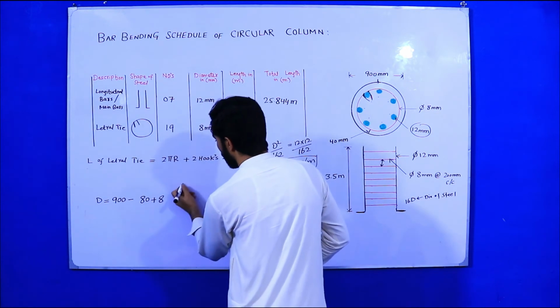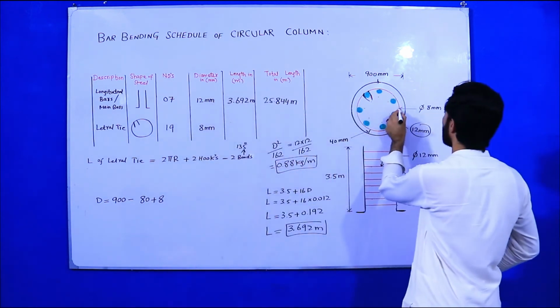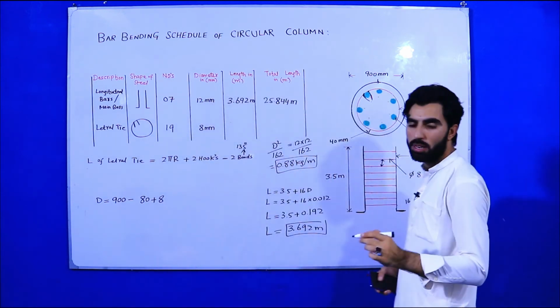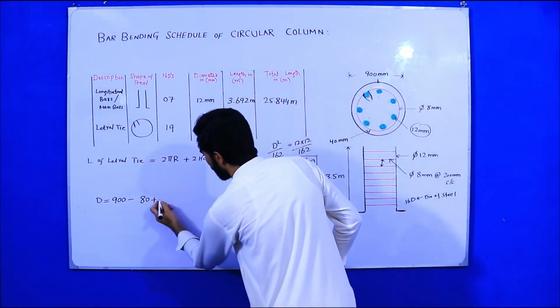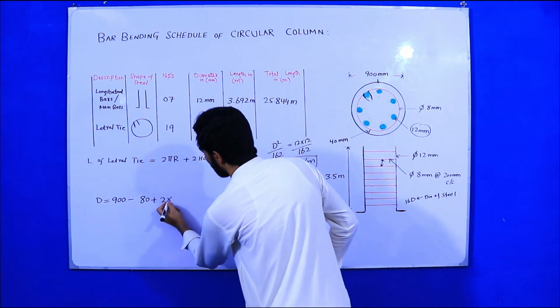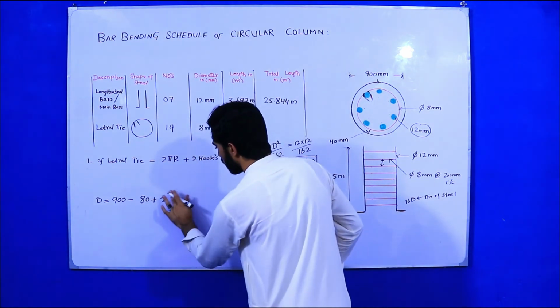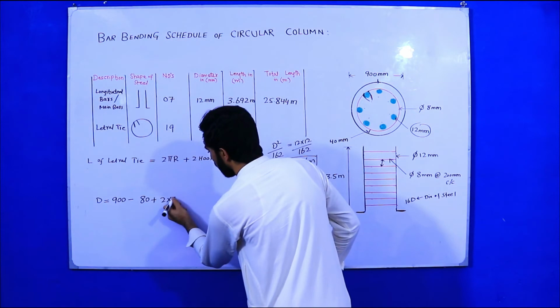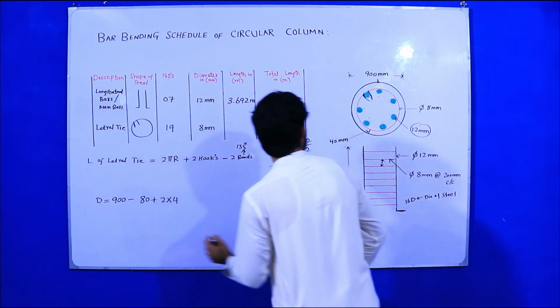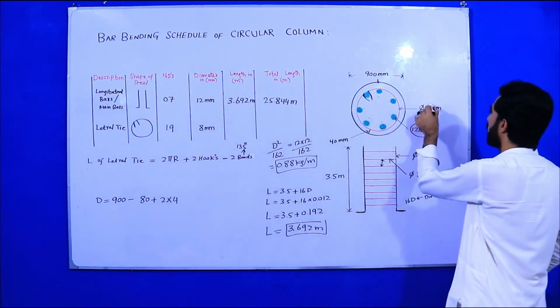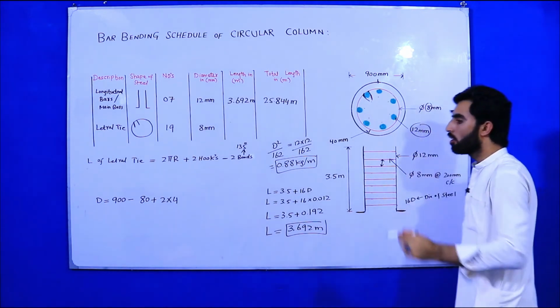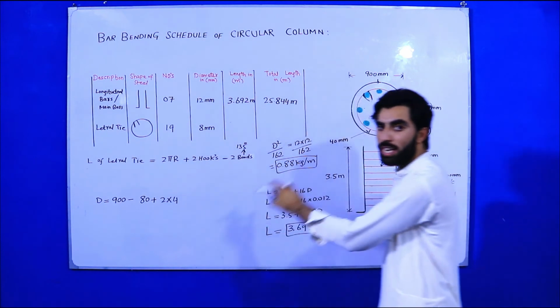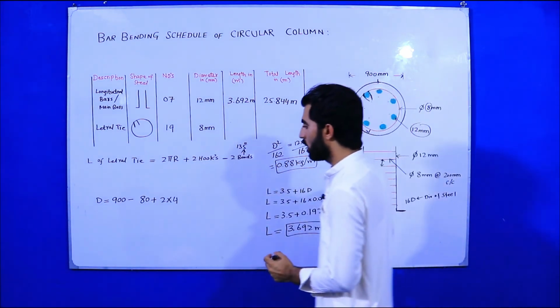Because we have two sides, and half of the stirrup diameter we get again for the lateral tie. So we write 2 multiply 4, because the diameter of the lateral tie is 8 millimeter, so half is 4. 4 multiply 2, one side and the other side, will be 8 with concrete cover.